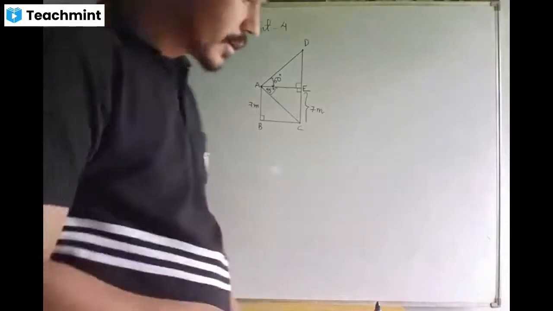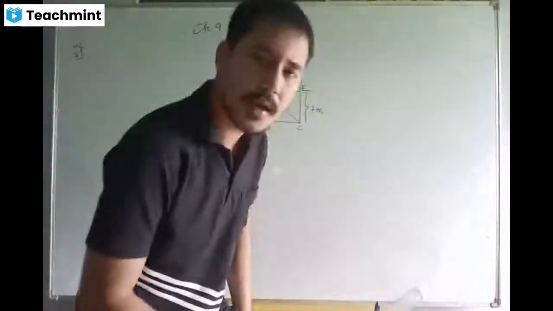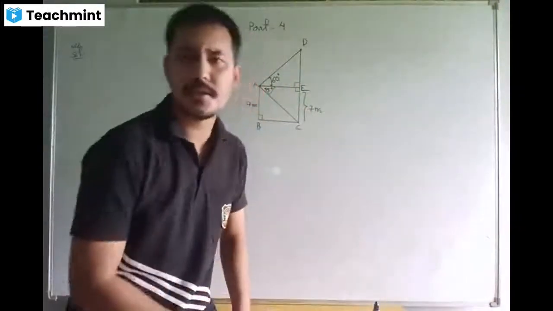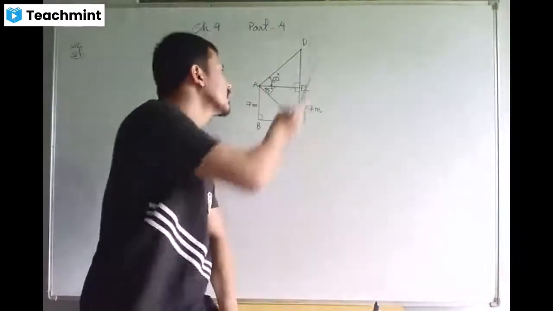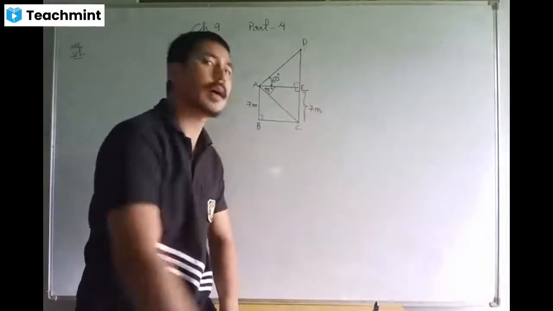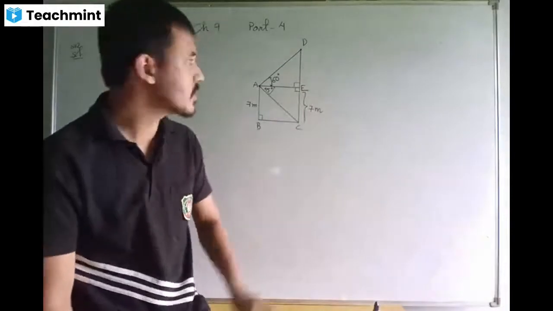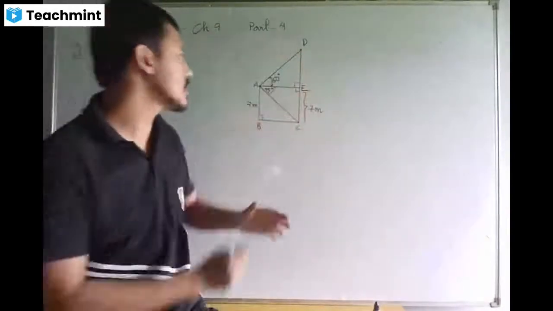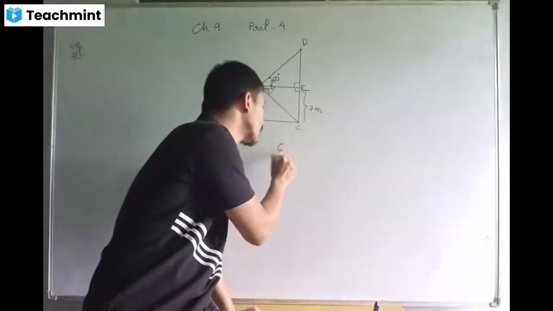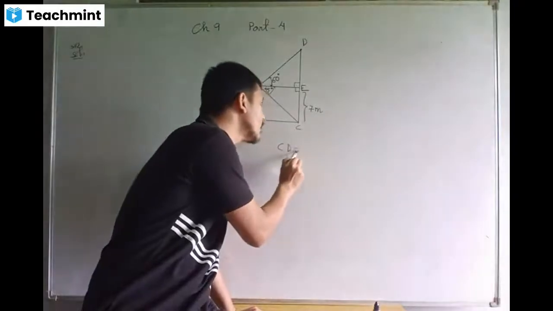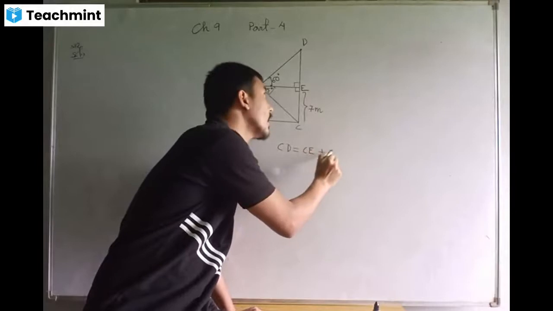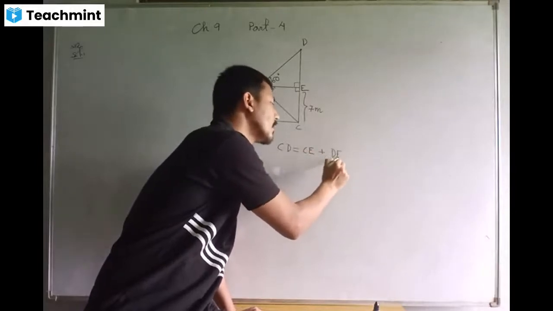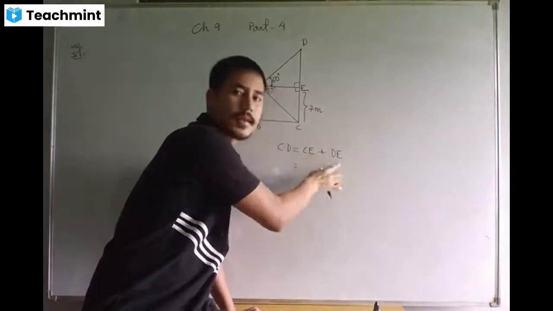All right, our main aim is to find out the height of the tower. Which length represents the height of the tower? CD represents the height of the tower. So how can we find out CD? By adding CE and DE.